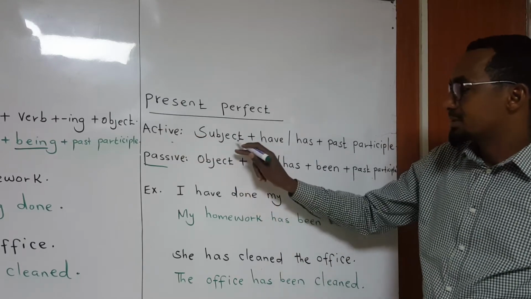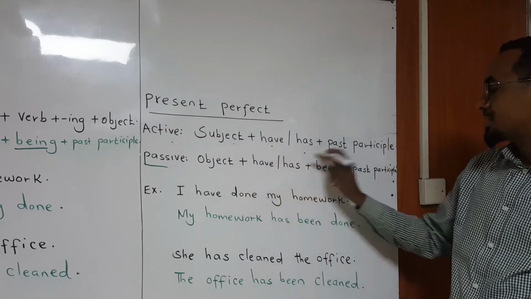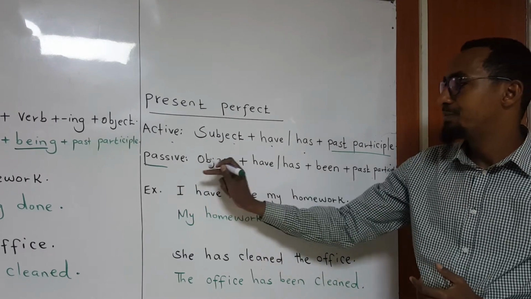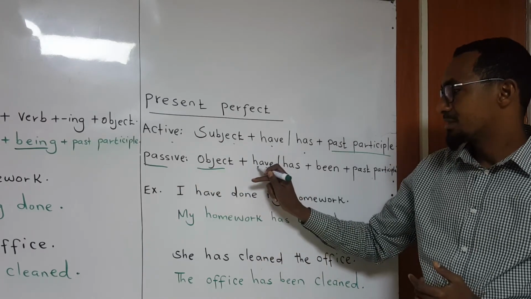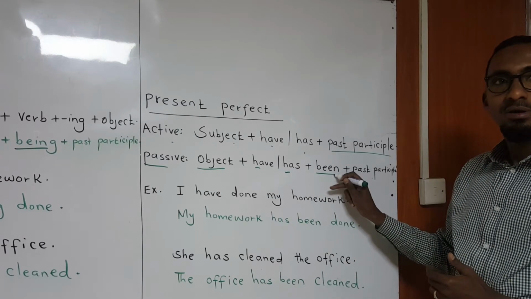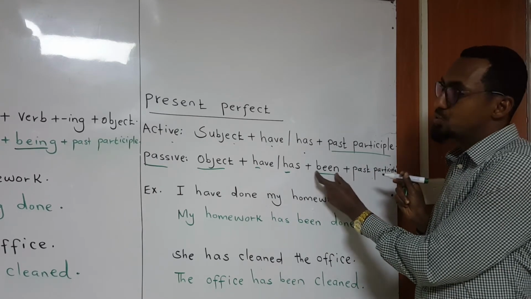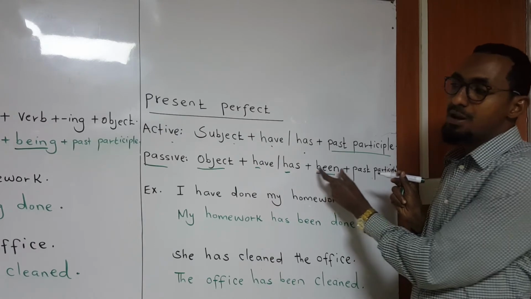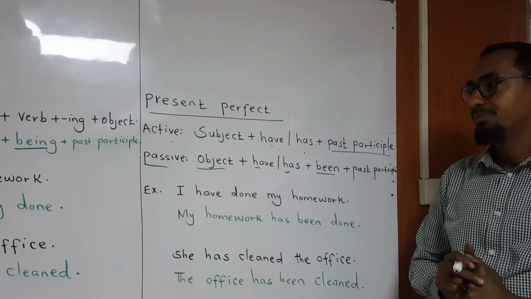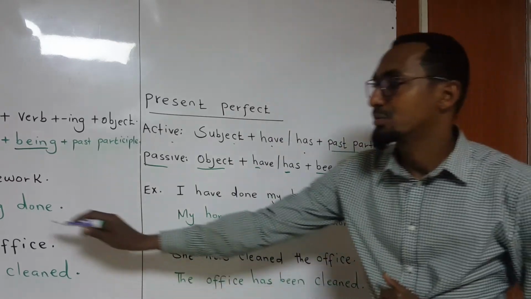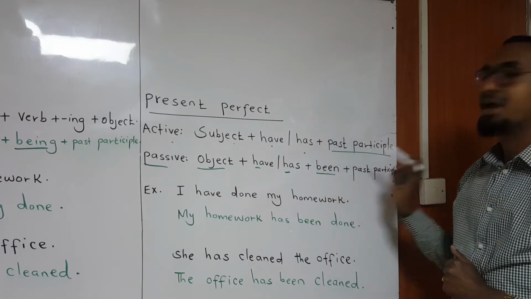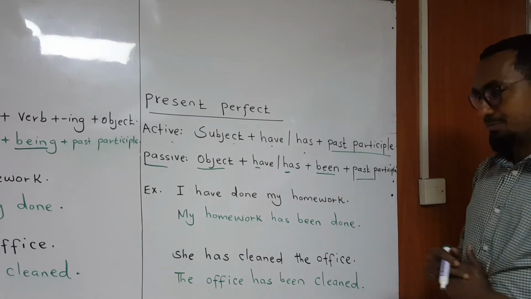The active one is subject plus have or has plus past participle. Then the passive will be object plus have or has plus been. Remember, the being that we use in the continuous form and the one that is used in the perfect form are quite different. The continuous one has got ing, and this one is B-E-E-N, been, plus past participle.